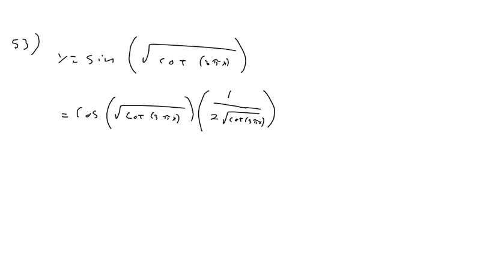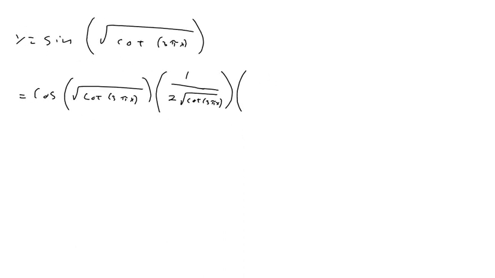So that's my outside, again, my derivative of the square root part. So derivative of the outside times derivative of the square root part. And now I did the derivative of the outside square root. Now I do times the derivative of the inside of that. And the inside of that is cotangent. So the derivative of cotangent, a couple things to remember.